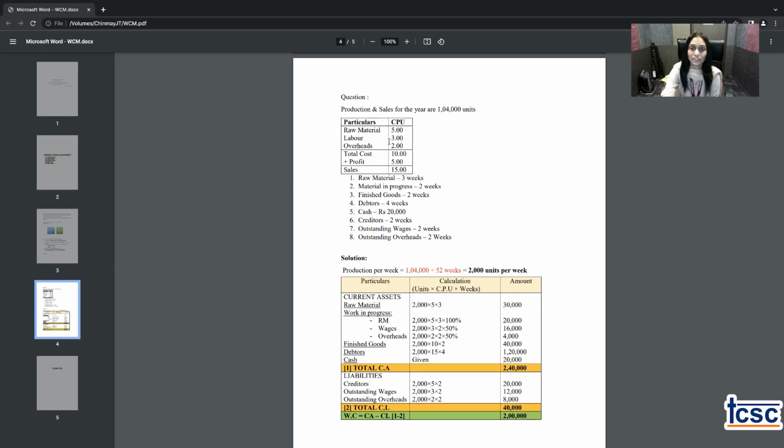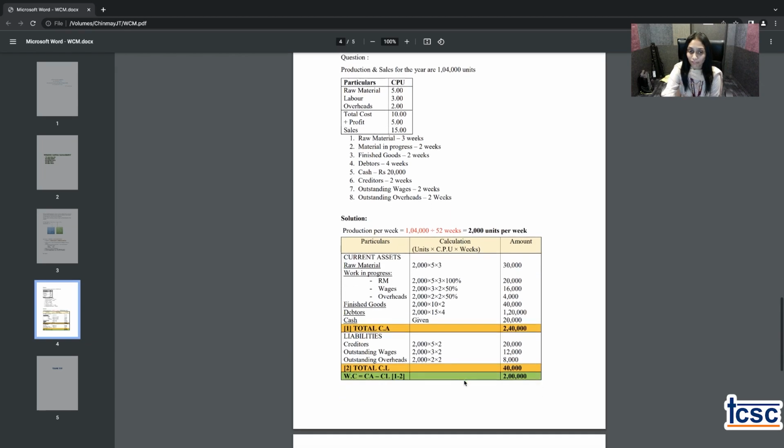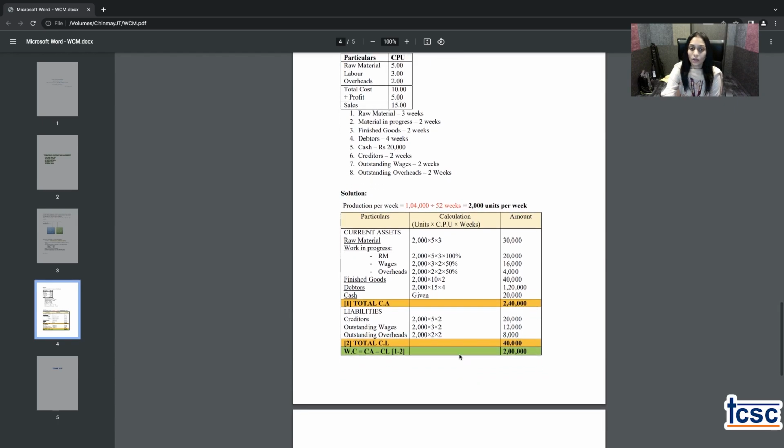If you see, overheads are rupees 2 per unit, so into 2, into outstanding overheads is 2 weeks, so 2000 into 2 into 2 weeks, that would give you 8,000. Finally, we have calculated all our current liabilities. Now, how will you do the total of your current liabilities? It's very simple. Creditors plus outstanding wages plus outstanding overheads, that is 20,000 plus 12,000 plus 8,000, that is 40,000.